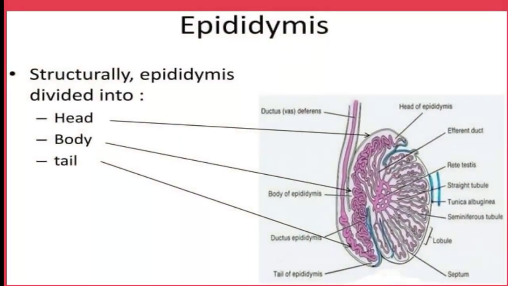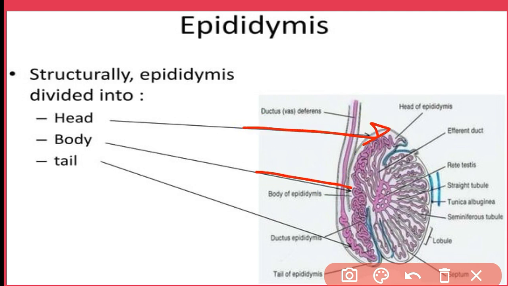Structurally, the epididymis is divided into the head, body, and a tail. It is a long coiled duct that collects and stores the sperms temporarily. And this is a coil which is known as the epididymis.